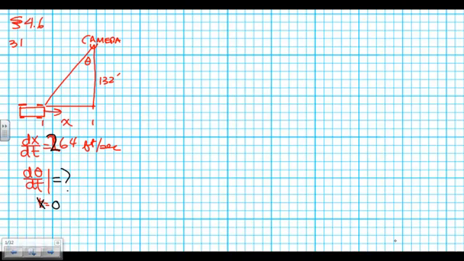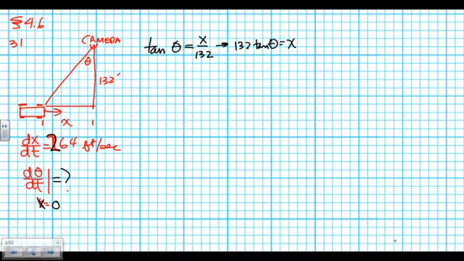I'd say that the tangent of theta is equal to opposite over adjacent, which is x over 132. Which, by the way, we could clean up as 132 tangent theta equals x. We might find it a little easier to take the derivative that way.